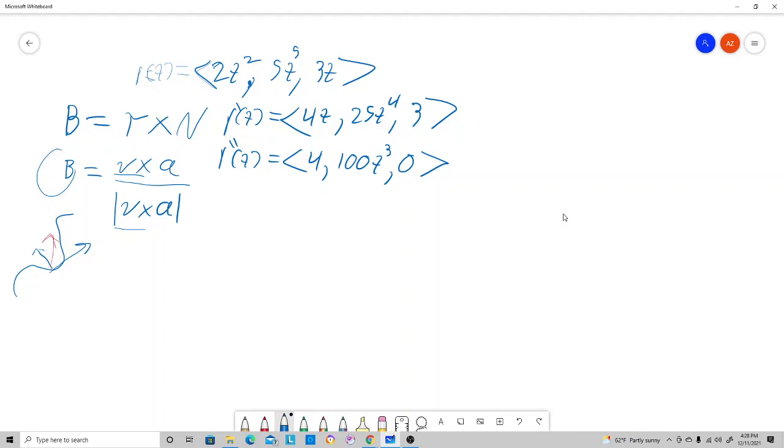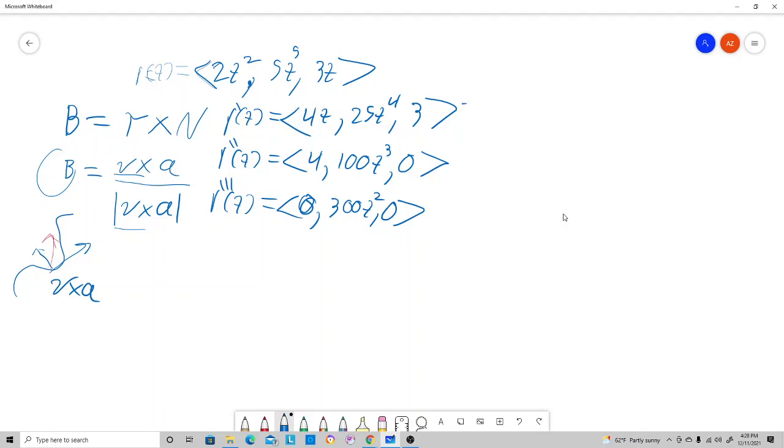And then for torsion, I'm going to show the formula, but torsion requires a third derivative, r triple prime: 0, 300t squared, 0.